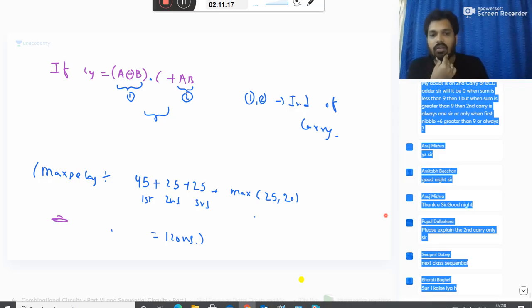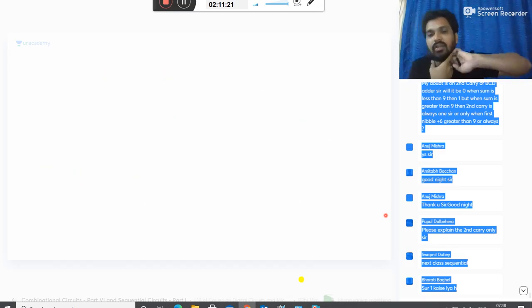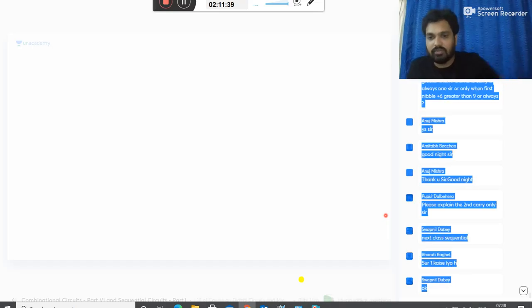Simple rule. People, just take one simple rule, you frame your own rules. Sequential we will take in the next class, but I will complete this part first. Whatever encoders, ROM, everything is completed. Then I will start sequential. Okay, Swapnil. I don't leave that leftover.